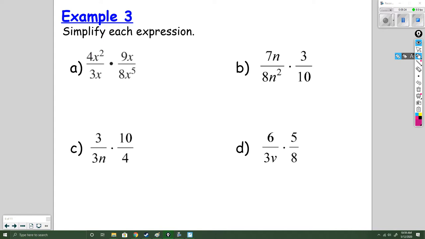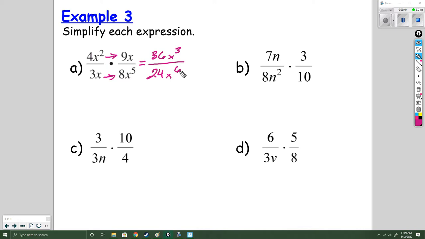All right, so one thing that we could do is multiply right away. So I'm just going to go ahead for this example and multiply right away. So multiply the numerators first, and we get 36x cubed on 24x to the 6th.